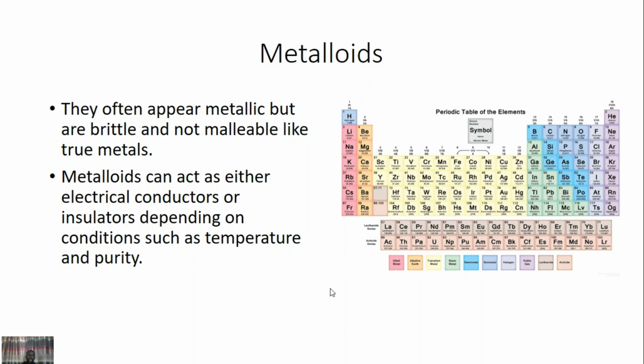If you actually want a metal to conduct more electricity, you cool it to a very low temperature. While if you want metalloids, which are semiconductors, to conduct better, you increase their temperature.